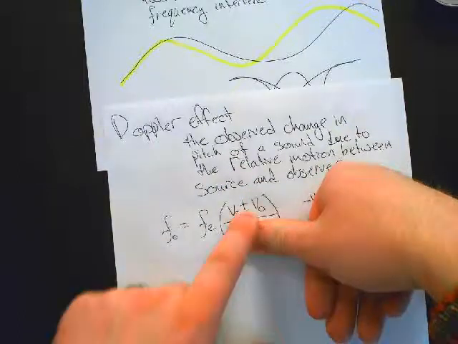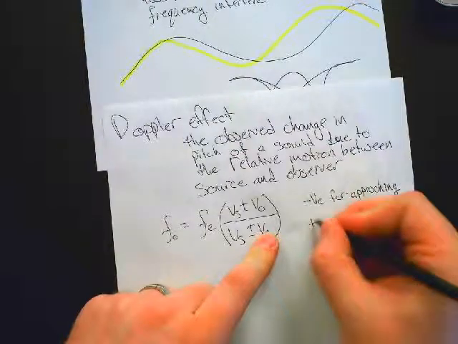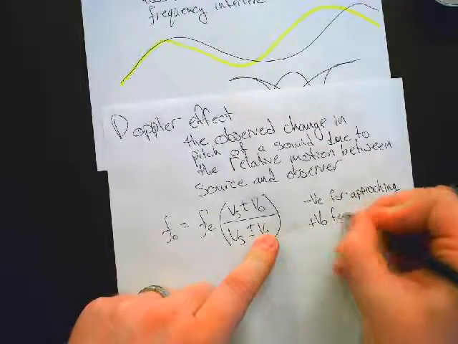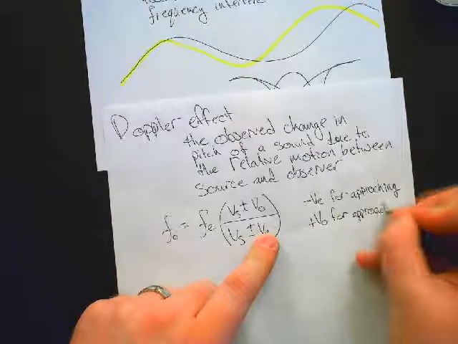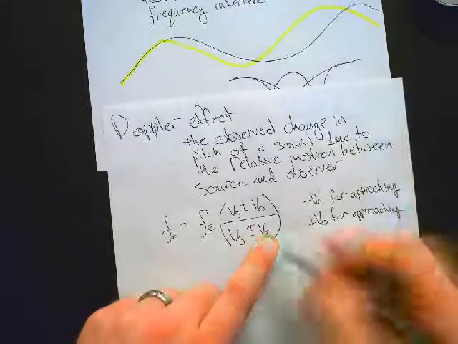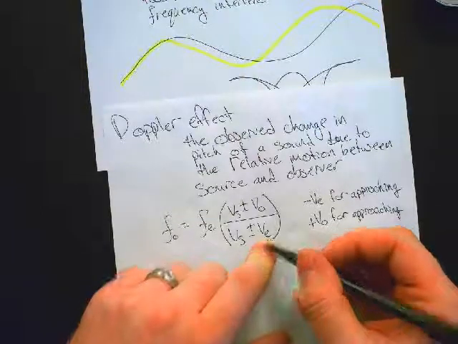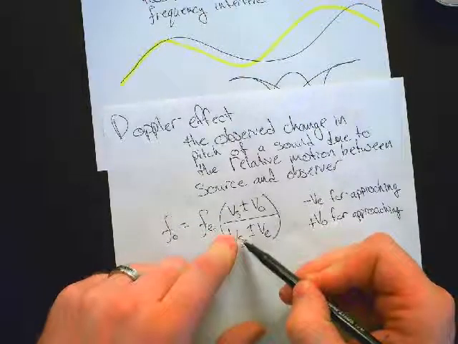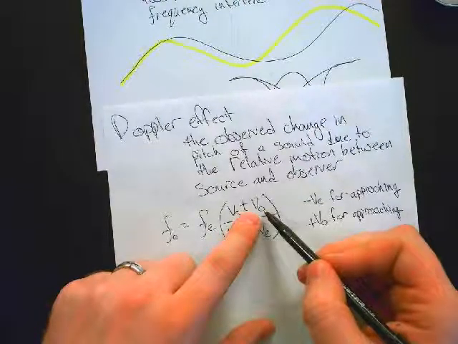So in this case, I want to add VO. Plus VO for approaching observer. VE, velocity of the emitting object. VS, velocity of sound in this case. VO, velocity of the observer.